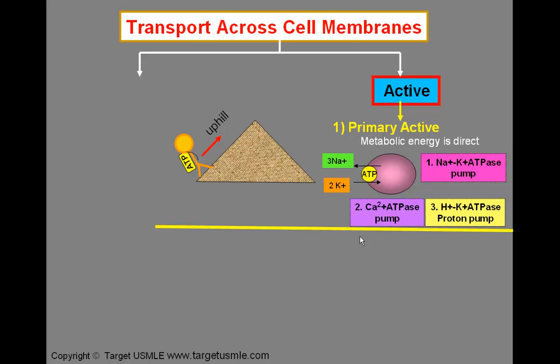Here, 3 molecules of sodium move outside the cell to a region of higher concentration, whereas 2 molecules of potassium move inside the cell to a region of higher concentration of potassium, since you know that sodium is abundant extracellularly and potassium is abundant intracellularly.